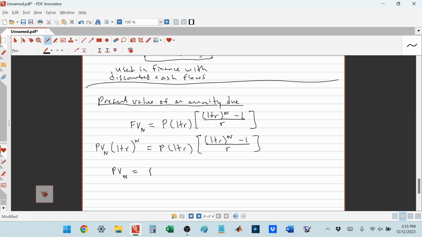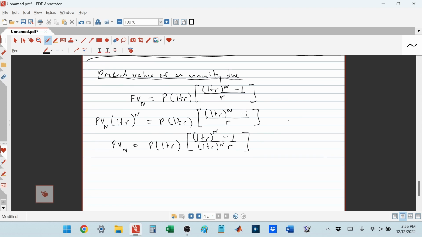It is P times (1 plus R), now we've got to be careful, times (1 plus R)^n minus 1, all divided by (1 plus R)^n times R. Right?